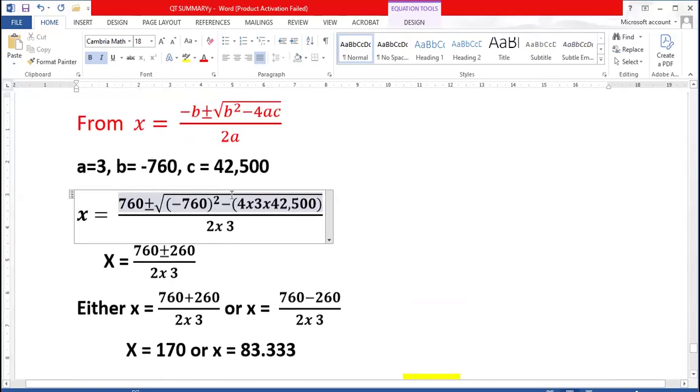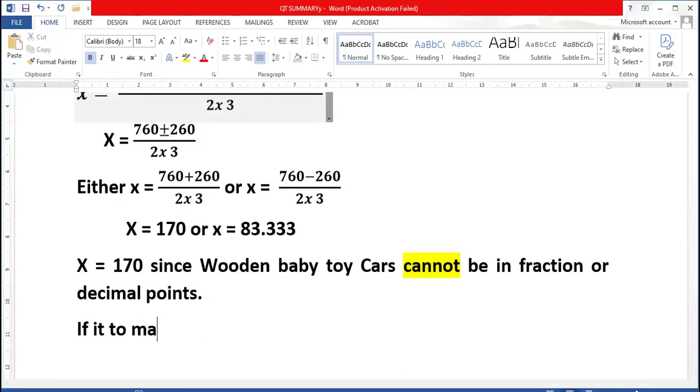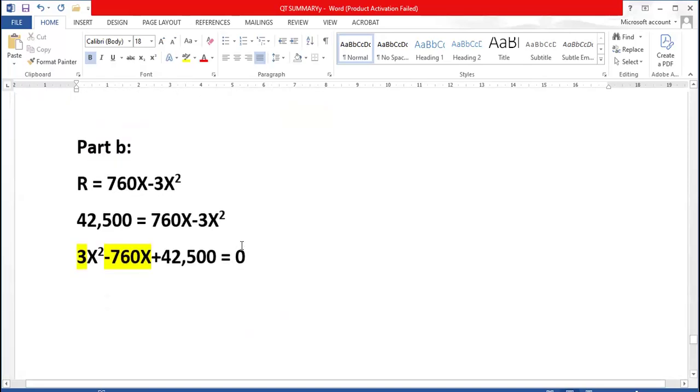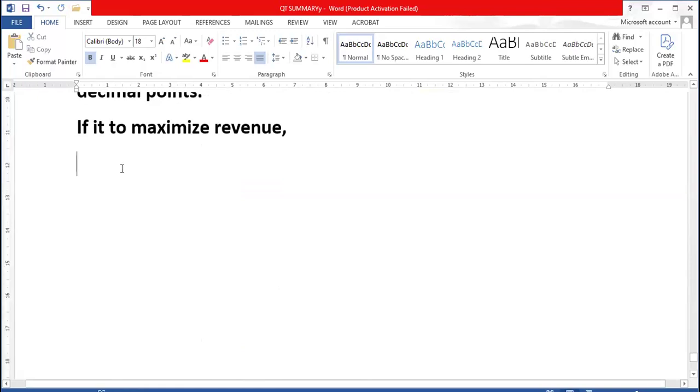Okay. So we are done with that. Now, to maximize revenue, we need to do two things. One, you will need the first derivative of the revenue function. This is your revenue function. So first get the first derivative, the first differentiation.